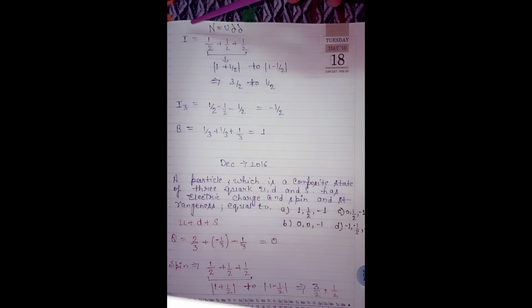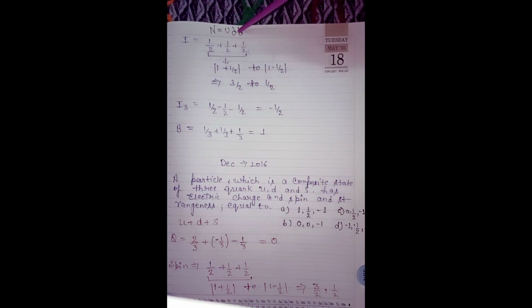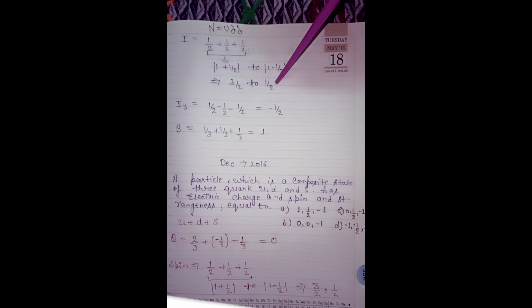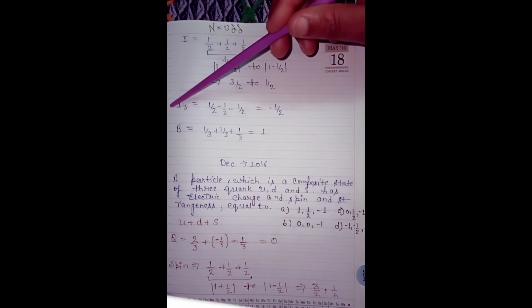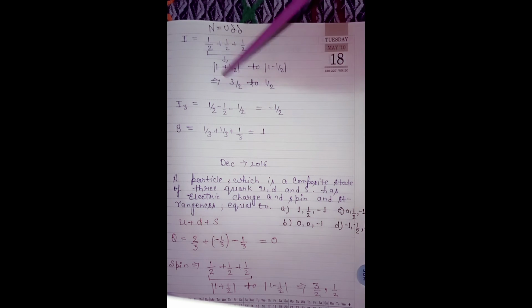Let's check isospin. The isospin of up and down quarks is 1 by 2, and total isospin is a vector additive quantity, so it will vary from 1 plus 1 by 2 to 1 minus 1 by 2, so 3 by 2 to 1 by 2. So UDD also has isospin 1 by 2, and neutron also has isospin 1 by 2. Let's check the third component of isospin.